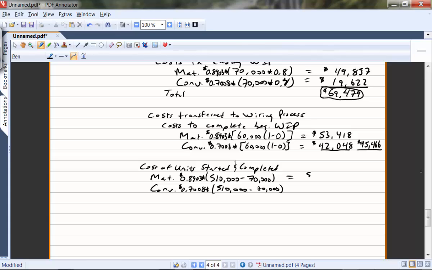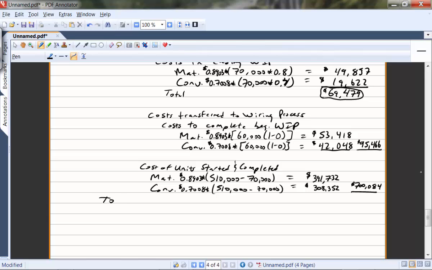So we do these calculations, and you end up getting 391,732 here, and here you get 308,352. And so the sum of these two numbers is $700,084.